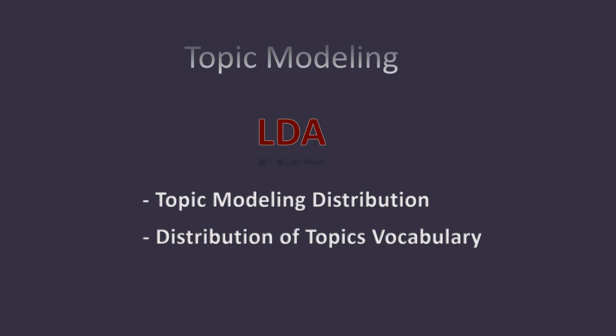Therefore, we have to tell LDA the number of topics. If the chosen number of topics is too large, then LDA could start splitting the topics into subtopics that don't make sense. If there are too few topics, then it merges the topics together and we would get very general topics.